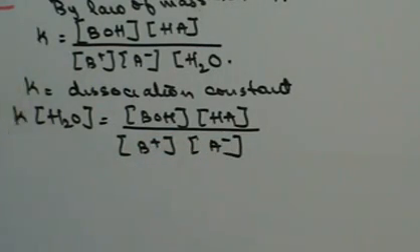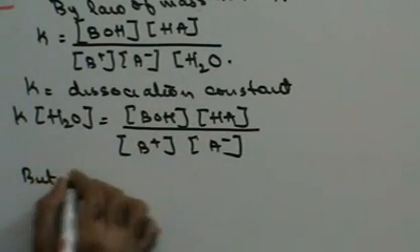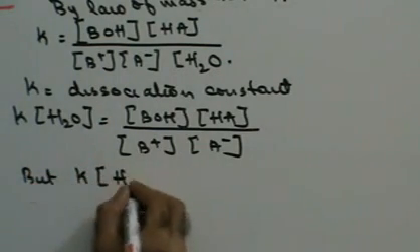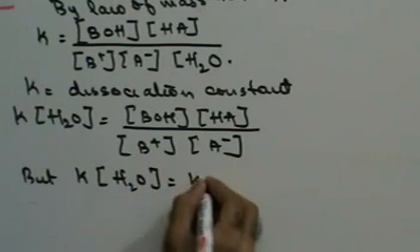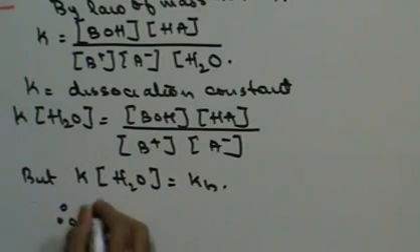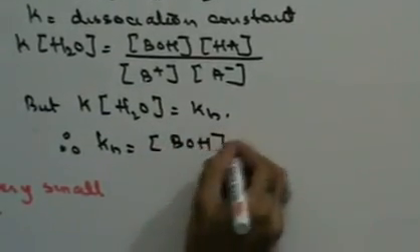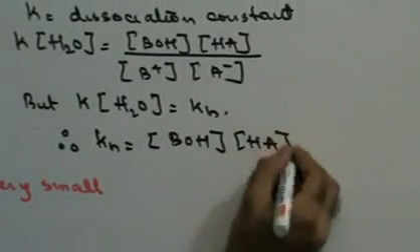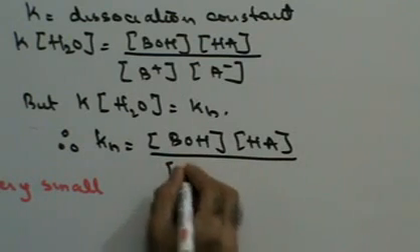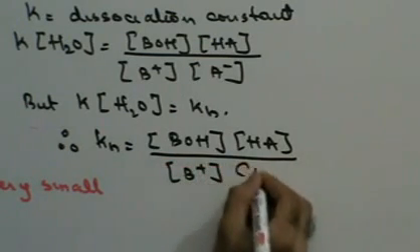But K into H2O is equal to KH. Therefore, KH is equal to BOH into HA upon B plus into A minus.